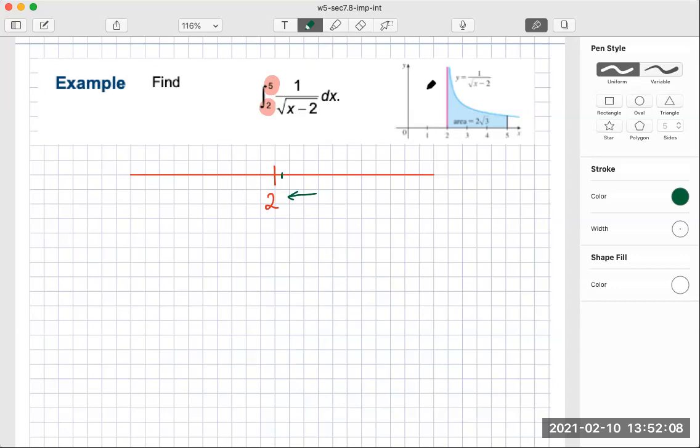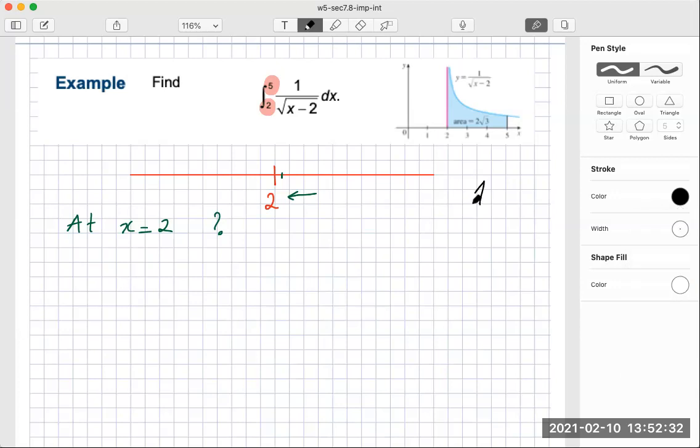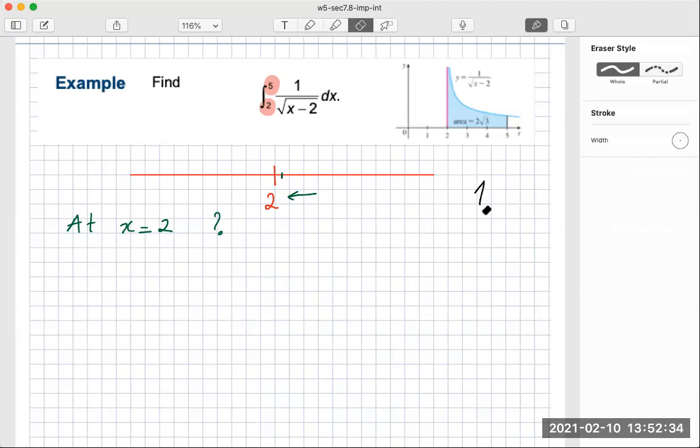How about at x equal to 2? What happened? Very good, Aluk. Thank you. At x equal to 2, x minus 2 gives us 0, and this fraction is not defined when a number is divided by 0, right?